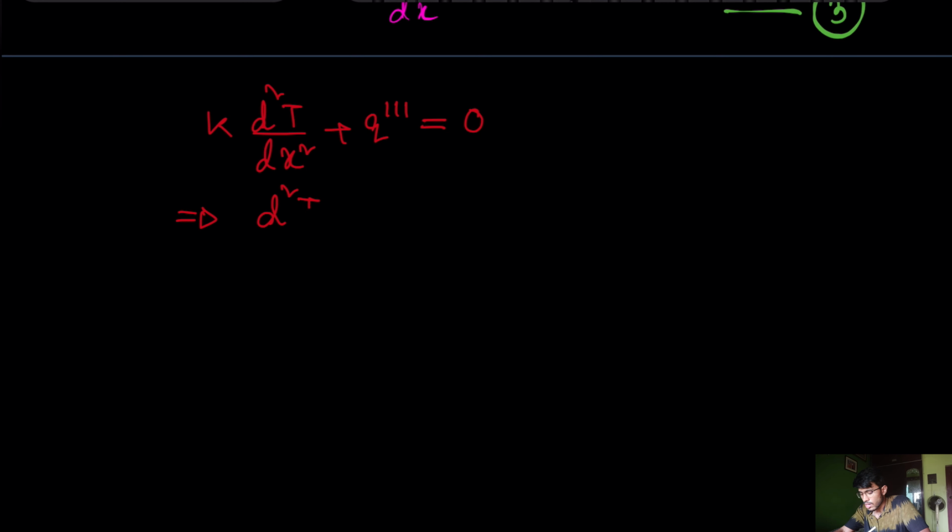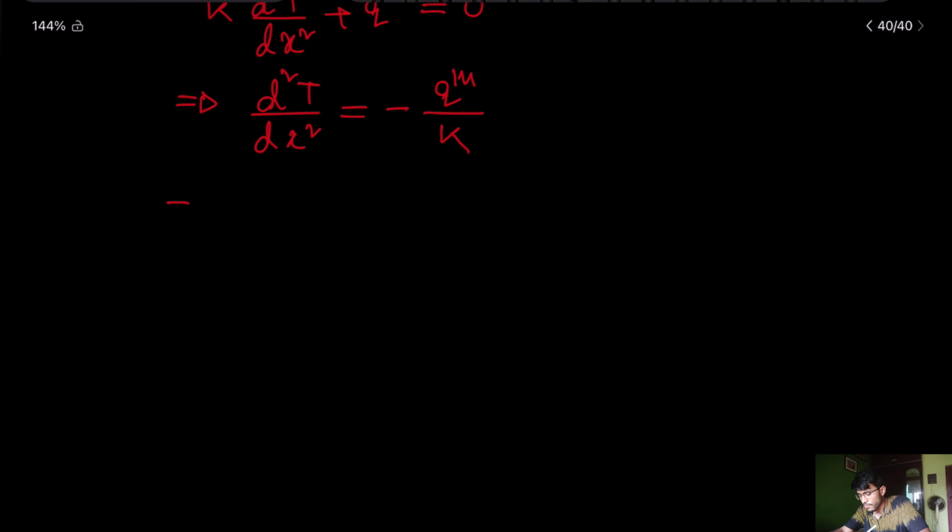So let us write equation 1 again, that is k d2T/dx2 plus q triple prime is equal to 0, and remember that q triple prime is a constant. So this I can write as q triple prime by k, right?